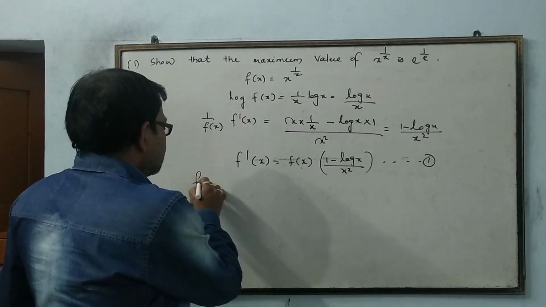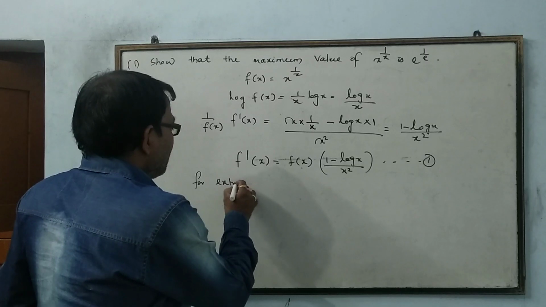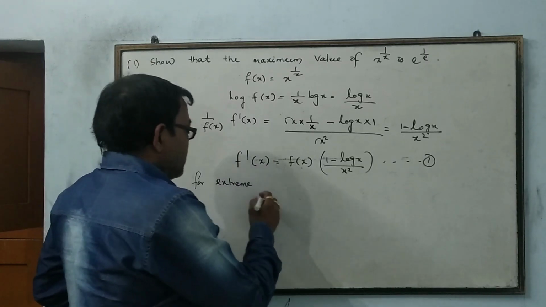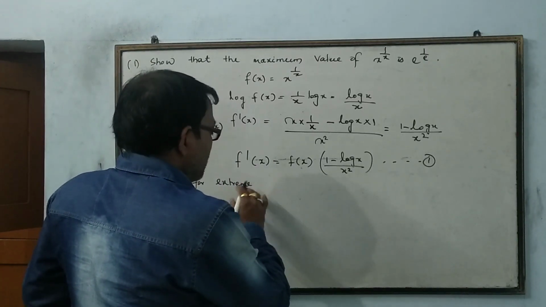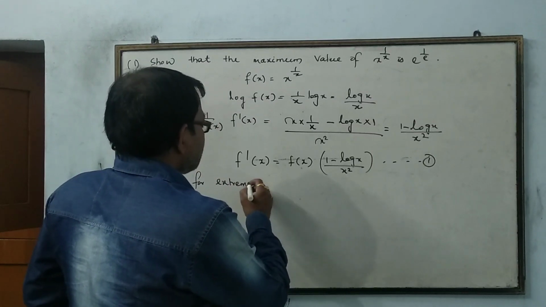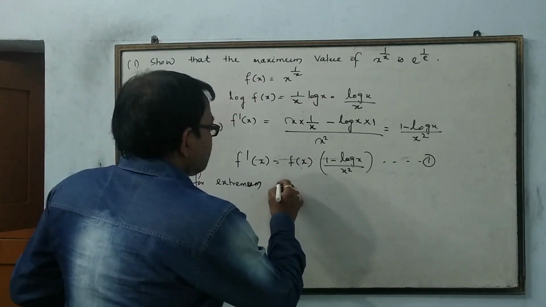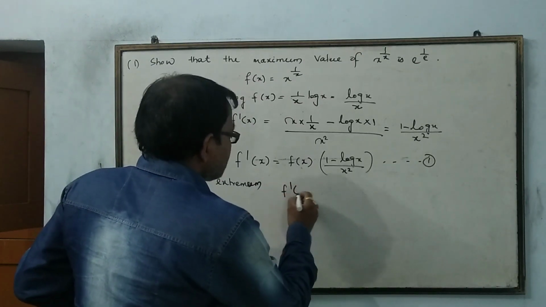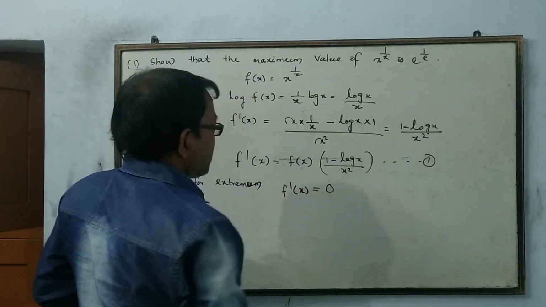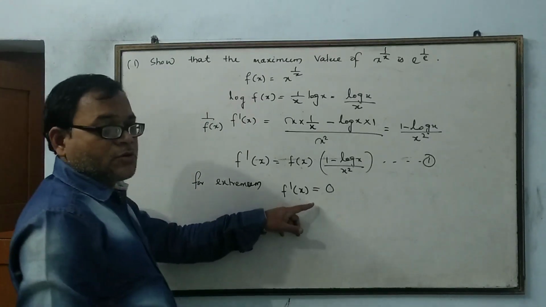Now, for extreme value, in order to find the maximum as well as minimum value, we have to find the point of extremum. For extremum, we take f dash x equal to 0.